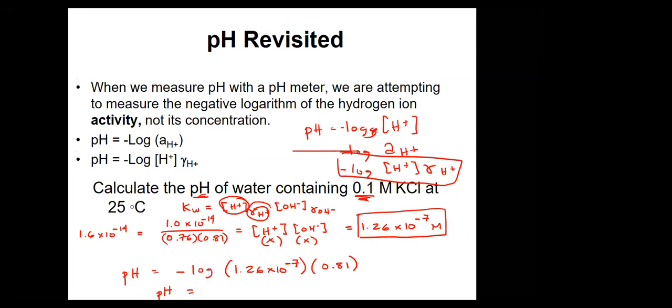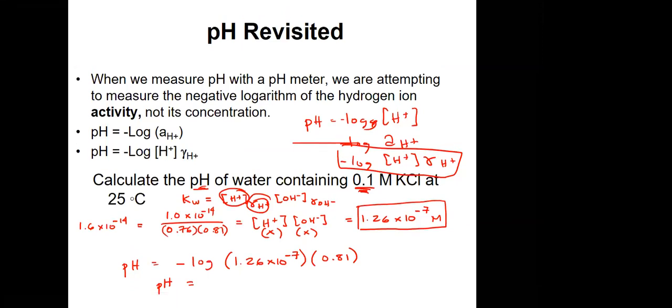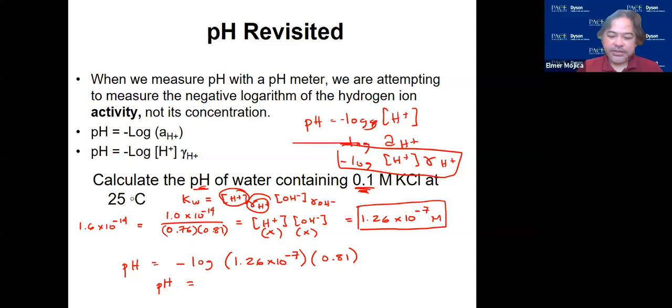I got the same thing. 1.26 exponent 7 times 0.81, negative log, 6.99.